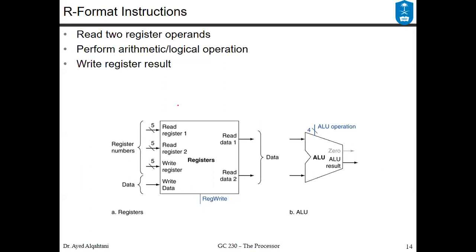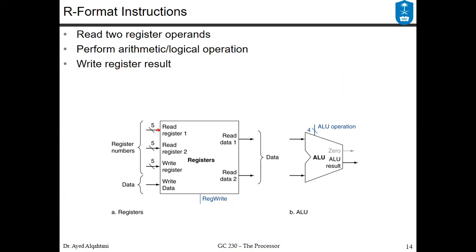Now, for the register file, as you can see, we have more details. We have read register number 1, which is the first operand. You know that any R-format instruction reads 2 register operands and then performs the arithmetic or the logical operation. And after that, you write back the result into the destination register.